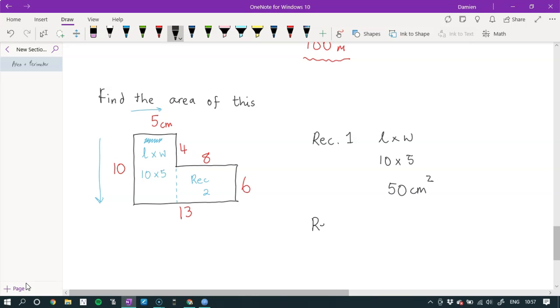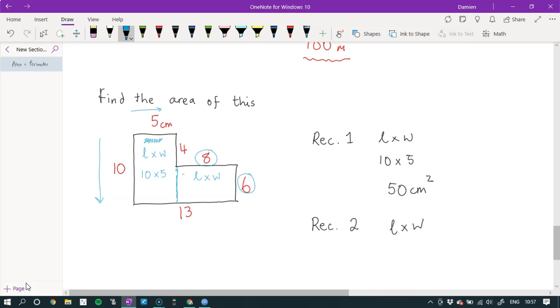Let's go have a look at rectangle 2. Rectangle 2 then, again, is going to be length by width. So what is the length of this one and what is the width? Again, we're only dealing with this rectangle in here. So the width of it is 8, and the length of it is 6.